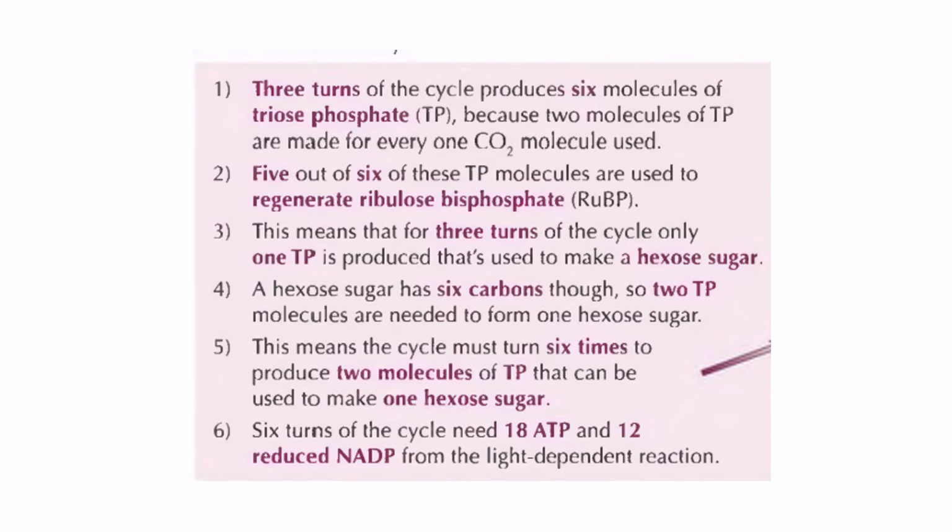A hexose sugar has 6 carbons, though, so 2 TP molecules are needed to form 1 hexose sugar. This means the cycle must turn 6 times to produce 2 molecules of TP that can be used to make 1 hexose sugar. 6 turns of the cycle need 18 ATP and 12 reduced NADP from the light-dependent reaction.